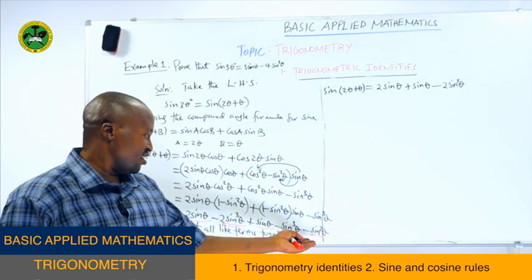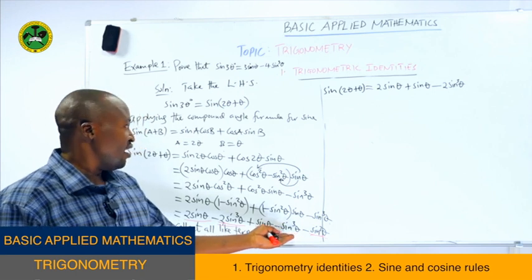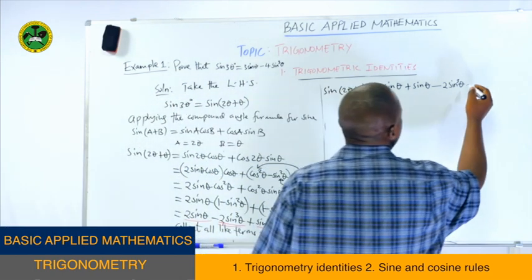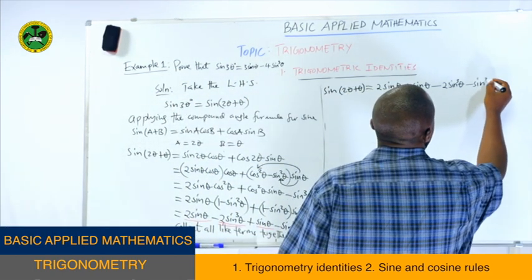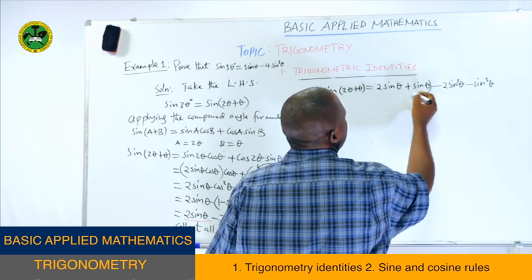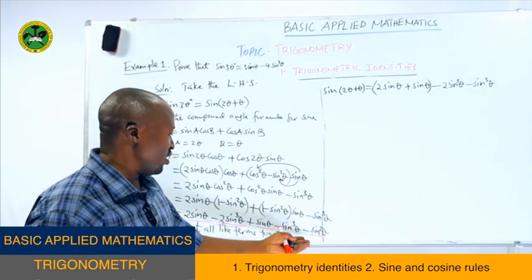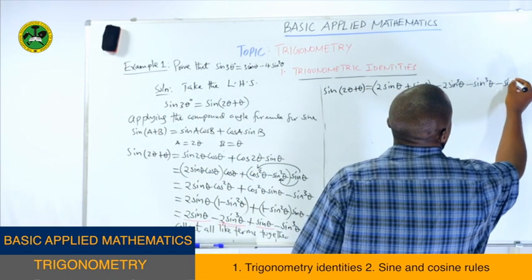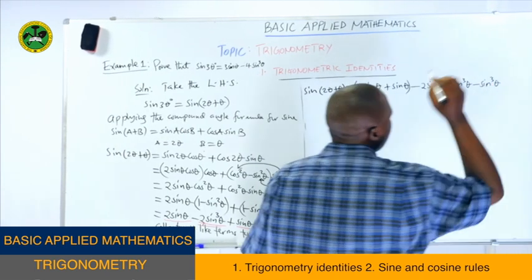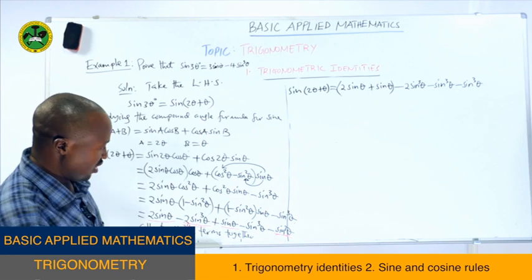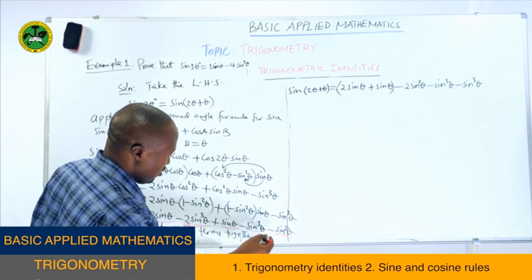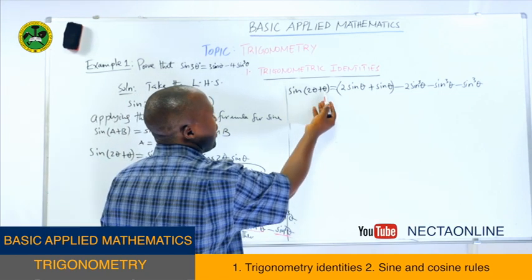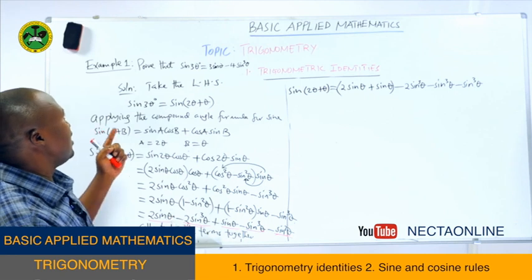Then we have again minus sine cubic theta. And the last one, minus sine cubic theta. Now, 2 theta plus theta, that is sine 3 theta.